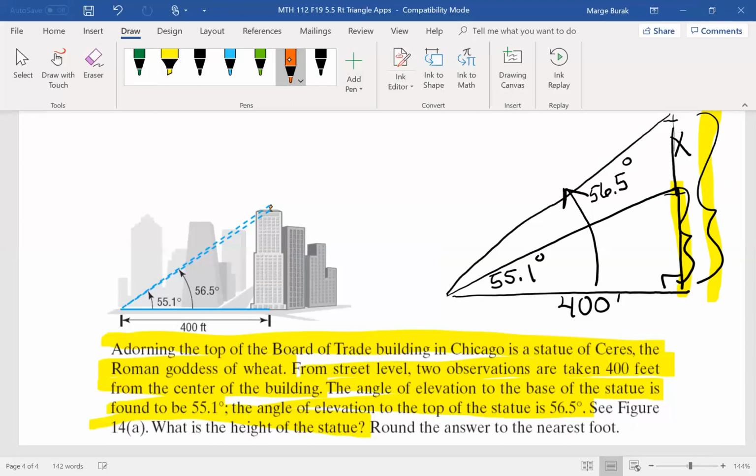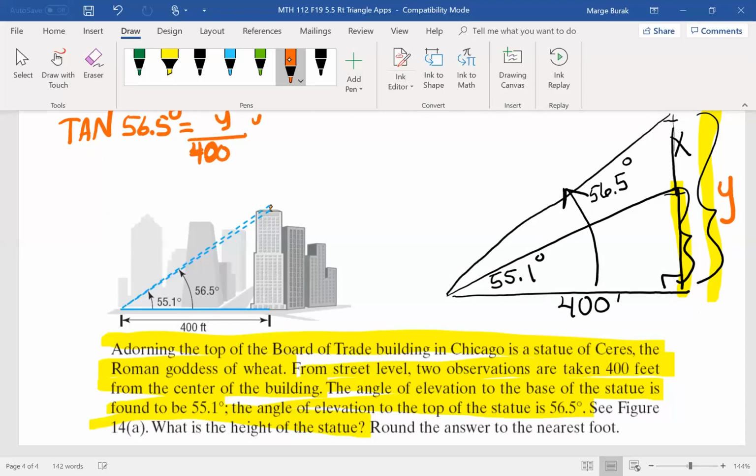So we're going to get the tangent of the large one, and we're using tangent because it's opposite over adjacent. We're not touching that hypotenuse. So the tangent of the big one, which is 56.5 degrees, that's going to be, let's call that y, big y over 400.